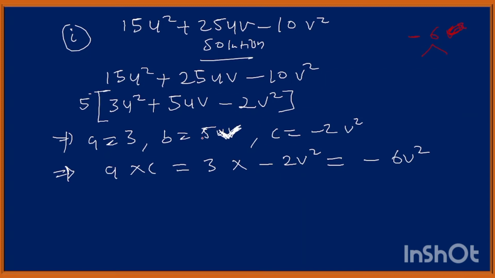And if I add together, it will give me 5. So we're going to be looking at 6 and 1. So it's 6 and minus 1, because 6 times minus 1 will give me minus 6, and 6 plus minus 1 will give me 5.